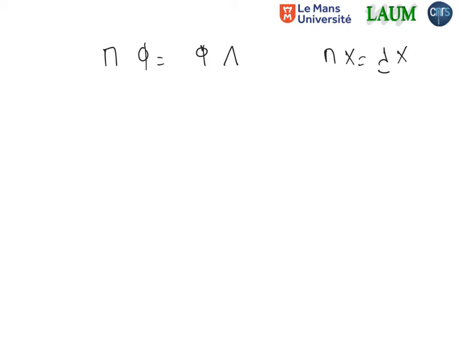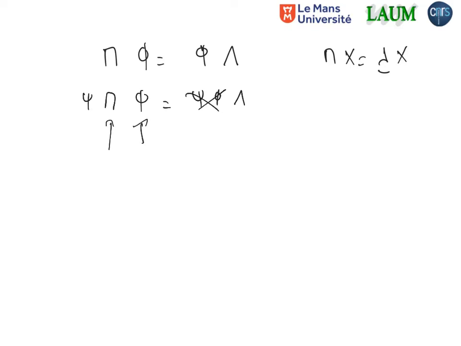Then, if we now multiply by the psi matrix, we see that in fact psi M phi equal to psi phi, which is the identity, times lambda. So here we have the image of M in the matrix phi.